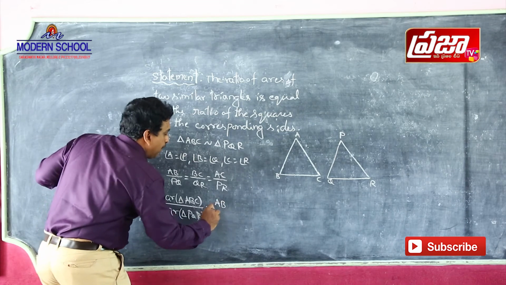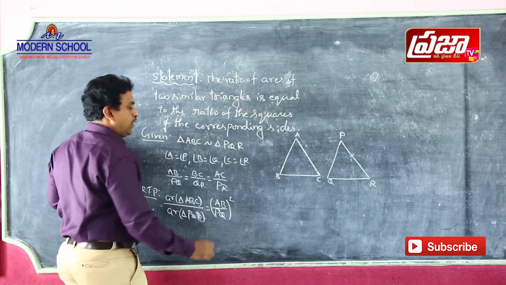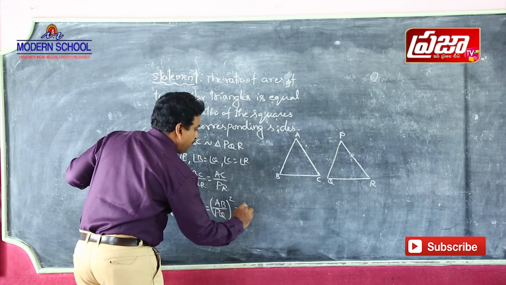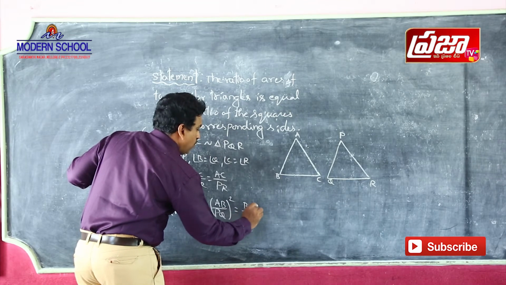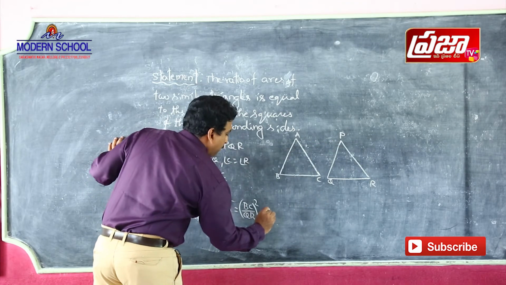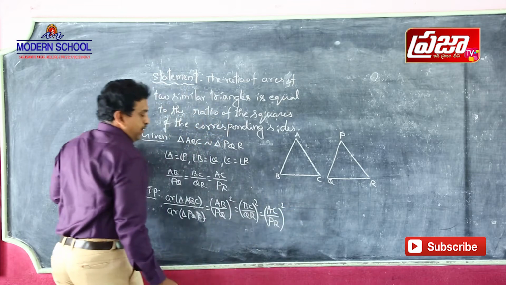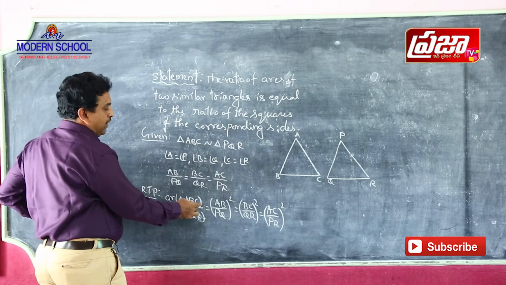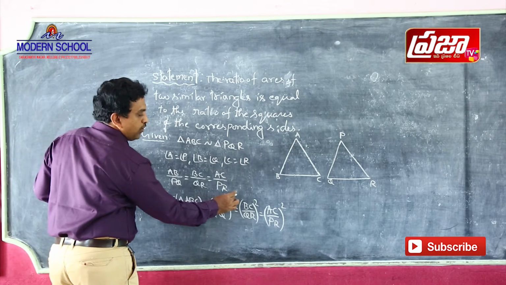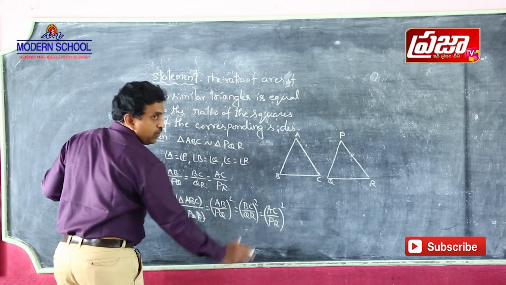So AB by PQ whole square, equal to BC, its corresponding side QR, BC by QR whole square. Next AC, its corresponding side PR, AC by PR whole square. So area of triangle ABC by area of triangle PQR is equal to AB by PQ whole square, equal to BC by QR whole square, equal to AC by PR whole square.